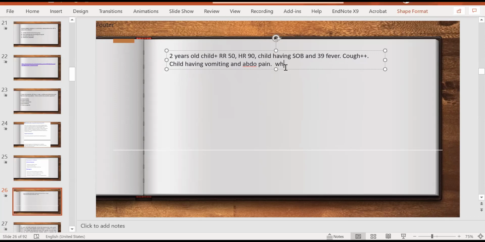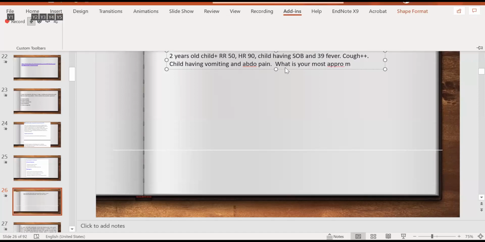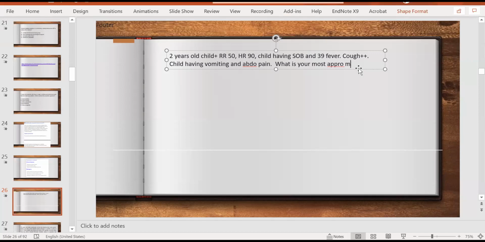What do you want to do in this child, what is your most appropriate management? So let's say a 2-year-old child having shortness of breath, high fever and cough, having vomiting.